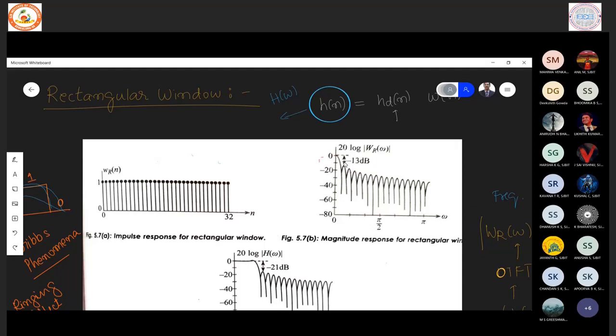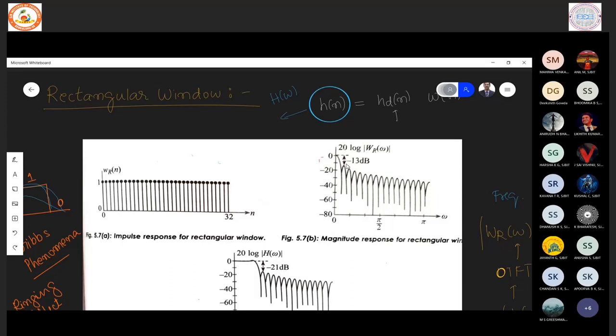The margin here is about minus 13 dB. The main lobe obviously starts from 0, and the side lobe here will be at 13 dB.